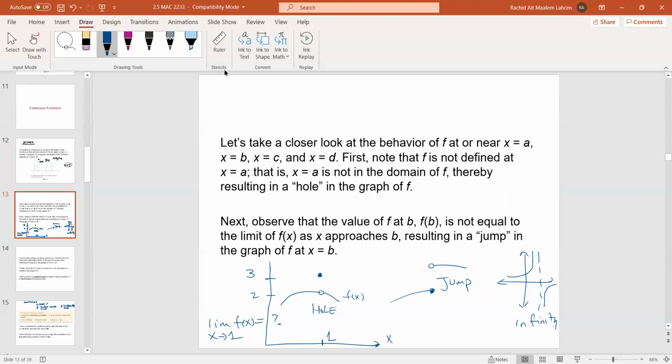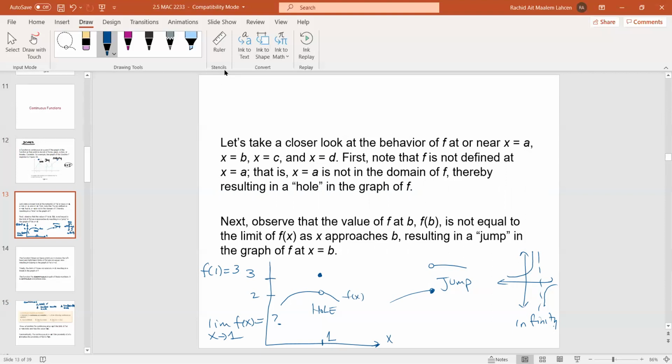Is it going to be the value of 3? You see? So f of 1 is 3, because there is a hole here, it's not a 2. The value at 1 for this function is 3.